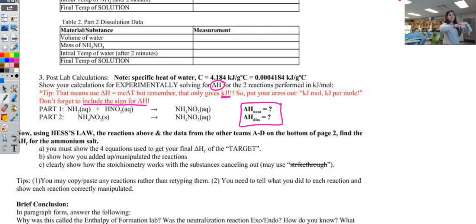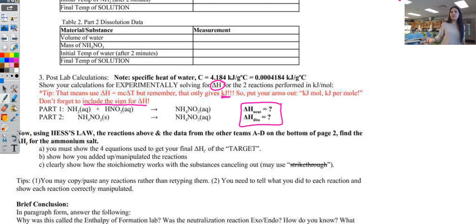Don't forget, the target is under your sum line, okay? So the target is under your sum line. We know what we were looking for back from the very first page was the heat of formation of ammonium nitrate. That's what our final target is. So you're going to end up using those reactions, and it ends up being 4 reactions. So I'm kind of giving you some big tips here, but it ends up being 4 reactions that you're going to use and you're going to manipulate.